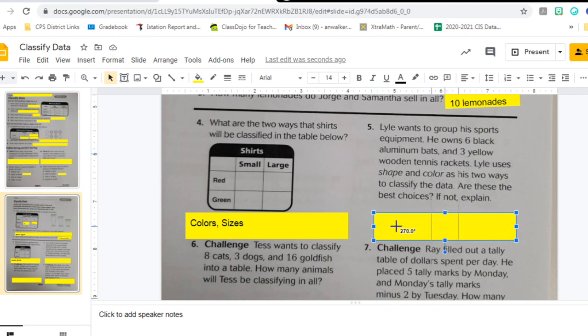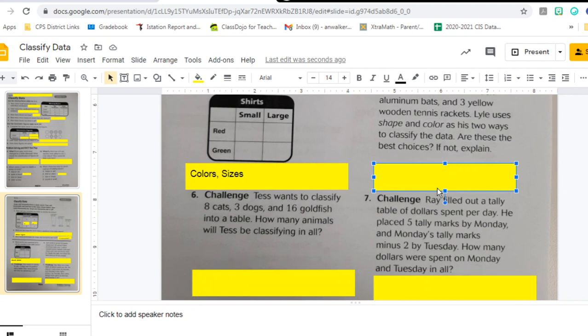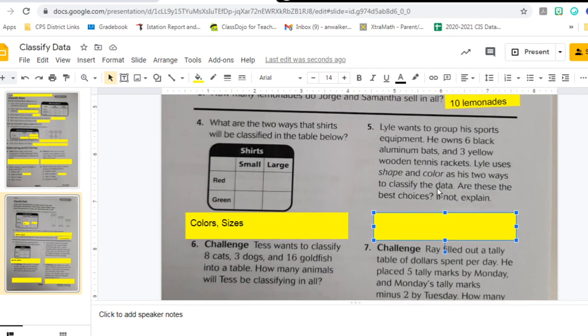Moving on to number 5. Number 5 says Lyle wants to group his sports equipment. He owns 6 black aluminum bats and 3 yellow wooden tennis rackets. Lyle uses shape and color as his 2 ways to classify data. Are these the best choices? If not, explain.